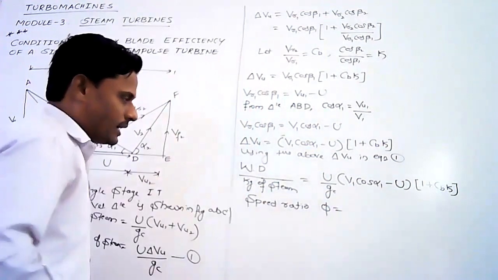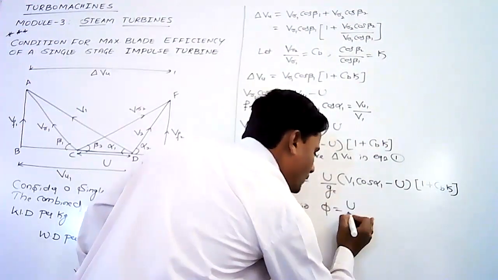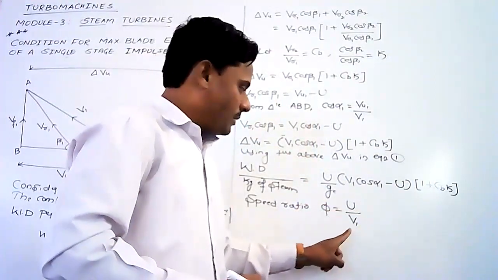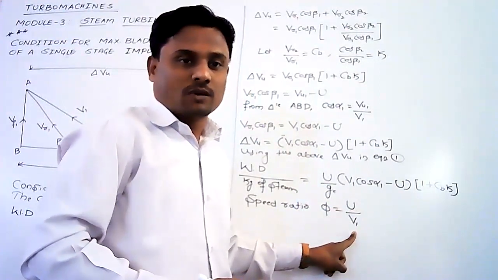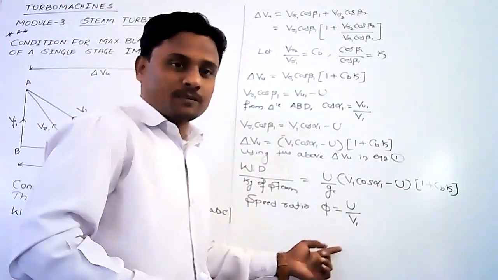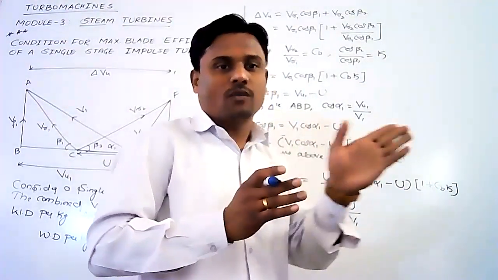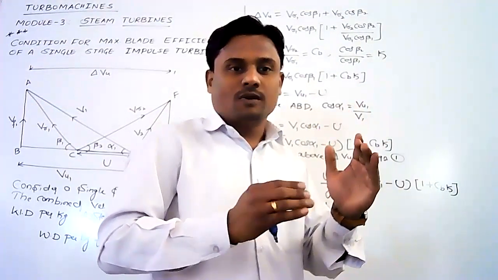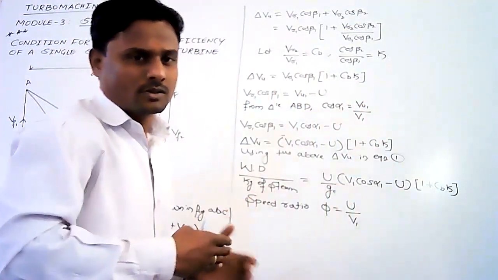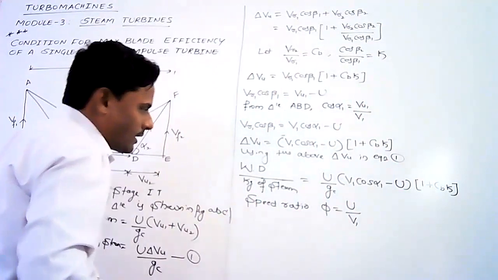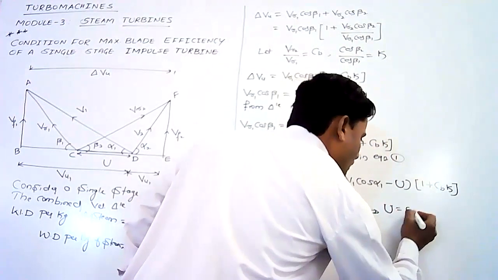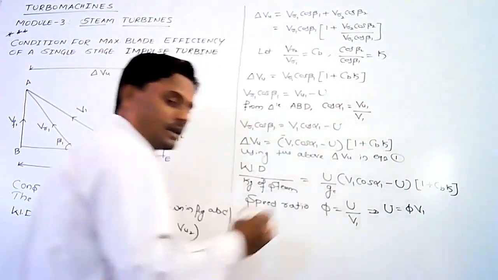Phi can be written as U by V1, where U is the tangential velocity of the runner divided by V1, the absolute velocity of steam at the exit of the nozzle, the velocity at which it hits the runner blades. Now U can be written as phi into V1.